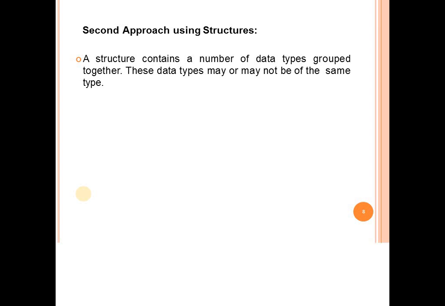Array is like this: suppose you want to bring something from the market. Imagine you are bringing vegetables. Then you will have different bags. One bag will be for chili, one bag for fresh green vegetables, one bag for potatoes, one bag for onions.